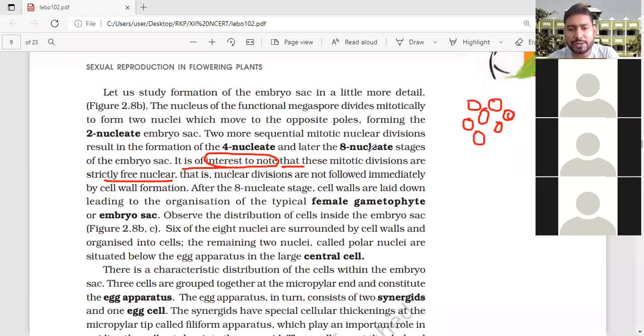Because the mitotic divisions are strictly free nuclear, which means only karyokinesis takes place and cytokinesis does not happen. Clear?